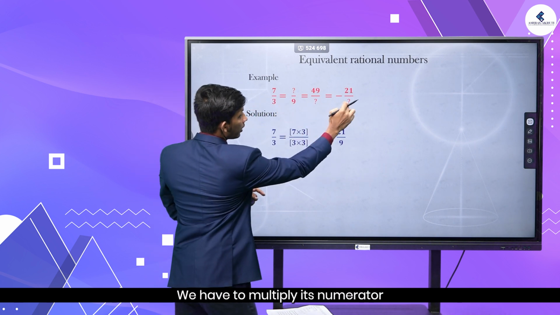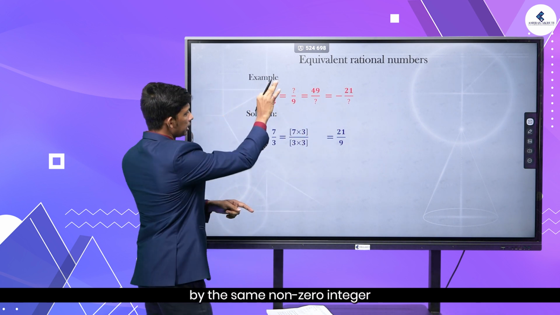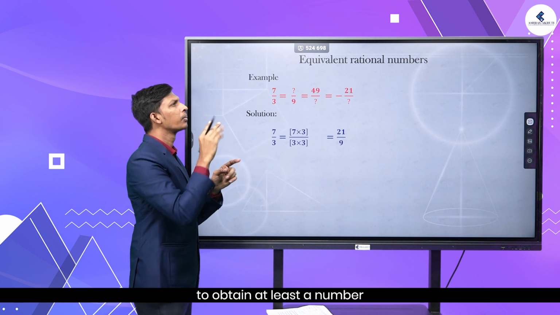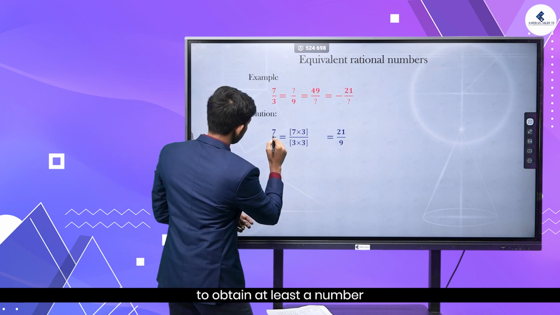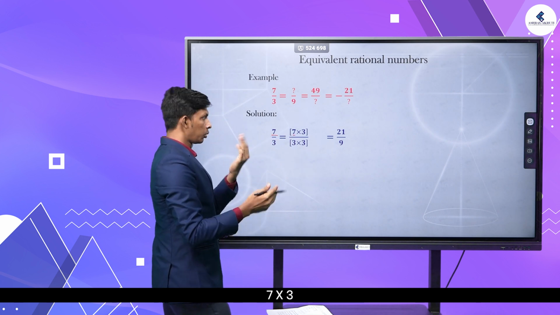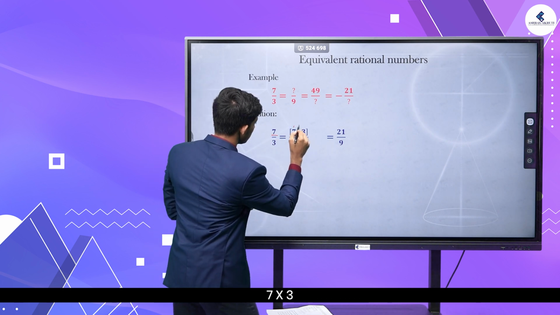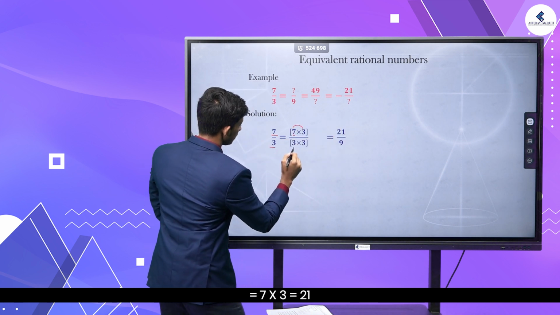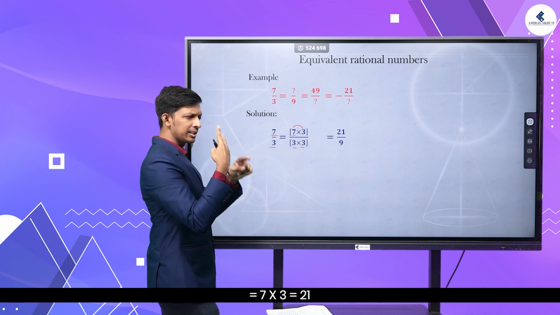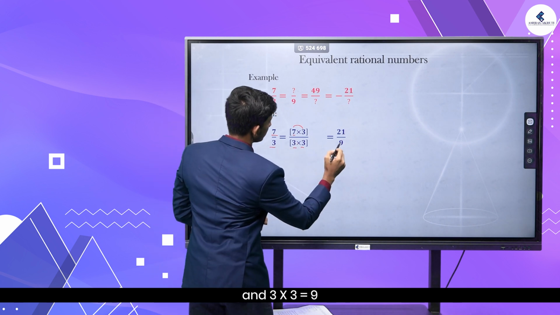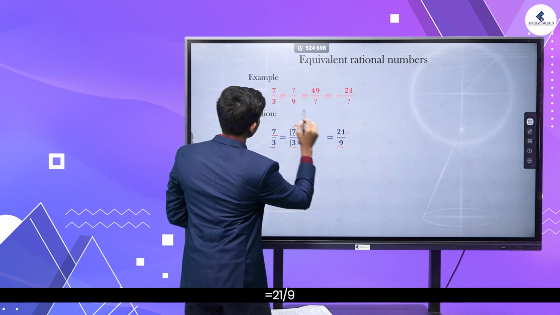We have to multiply its numerator and denominator by the same non-zero integer to obtain an equivalent rational number. 7 into 3 by 3 into 3, which is equal to 7 into 3 gives us 21, and 3 into 3 gives us 9, which is equal to 21 by 9.